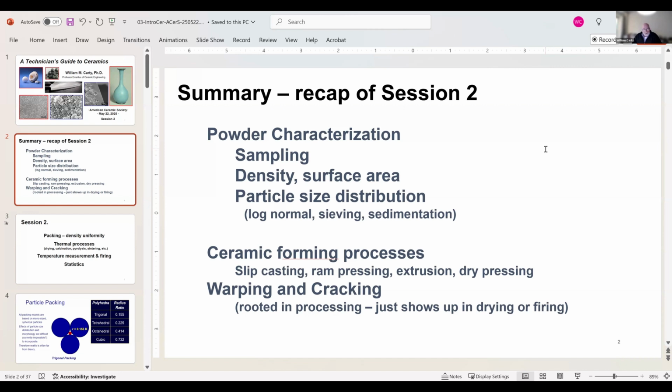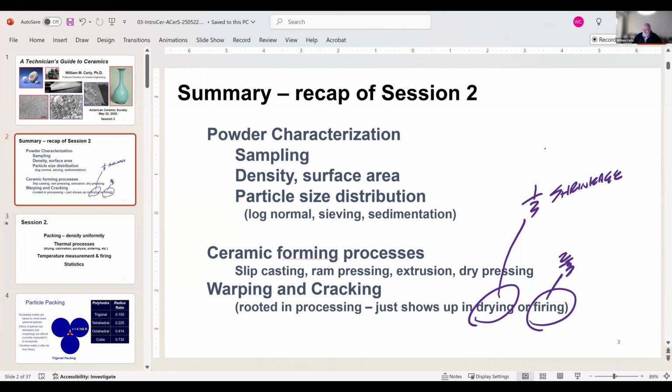And then in the end, we conclude, or I conclude, that warping and cracking are rooted in the process, not just an artifact of drying or firing, but they show up there. And to that point, drying gives us approximately 1/3 of the shrinkage for a plastic formed part like extrusion. And therefore firing, the sintering process, gives us 2/3.